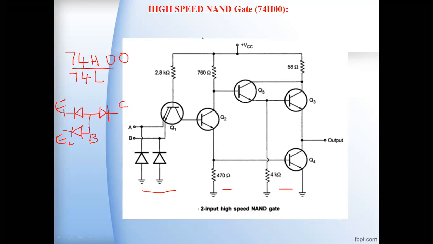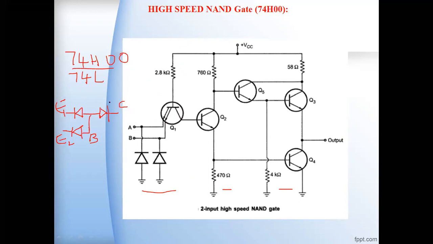But this is the standard and earlier version, where they used ordinary PN junction diodes. So now the first functional part of the circuit, where the circuit has the multi-emitter transistor, is similar to the two diodes.